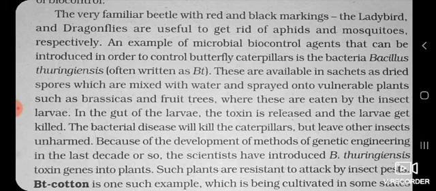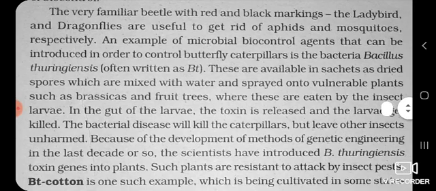These two insects can be controlled by the beetle which has red and black markings on its body, and the name of that beetle is ladybird. So the ladybird controls the aphids and the dragonfly controls the mosquitoes. So it is very important.